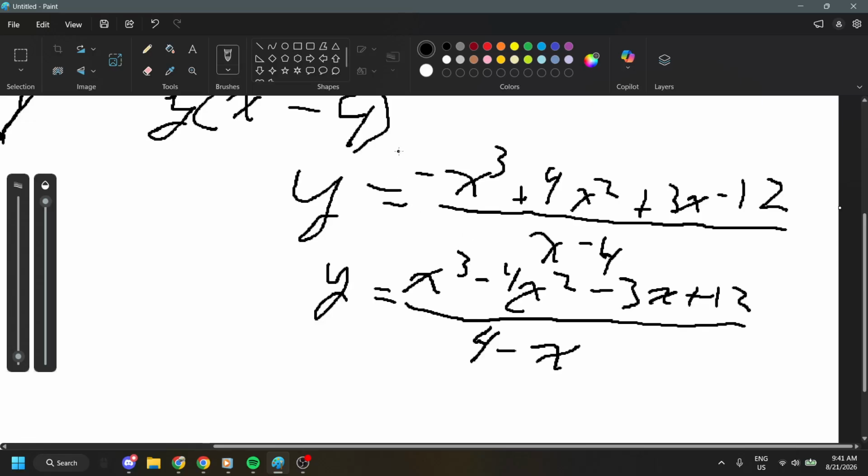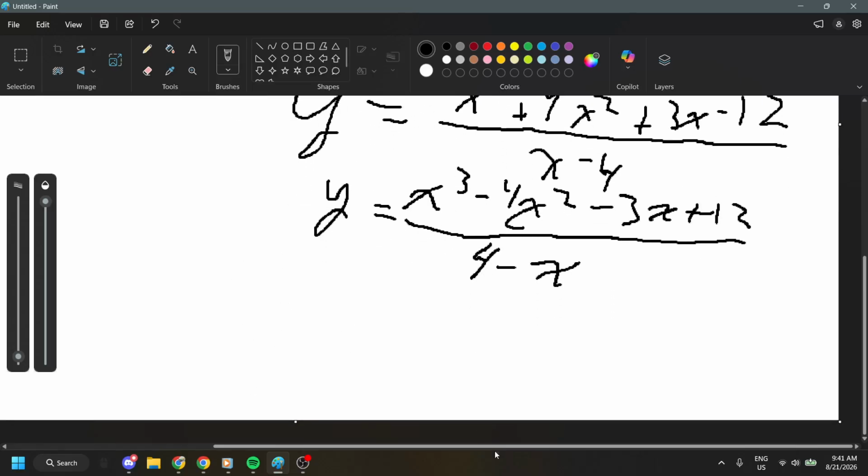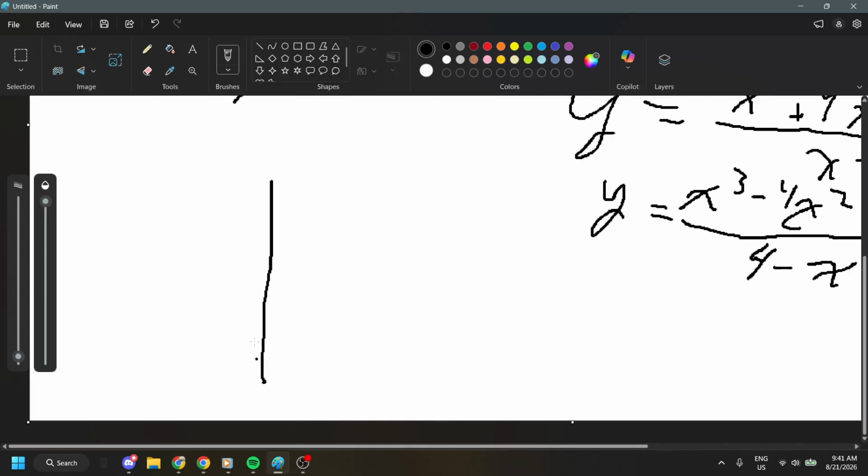So, clearly for any x, there's always one y. So if we were to draw it like this, there's always one y, so it can't be like that. It's gonna be like that, and it can't even be like that, because that means there's 2 y's. It has to be like that, maybe, like straight down.